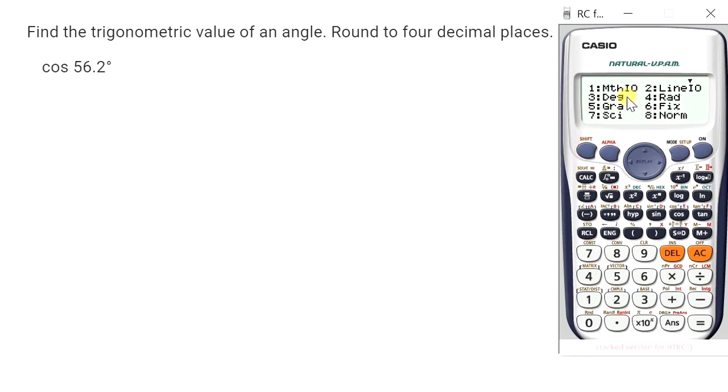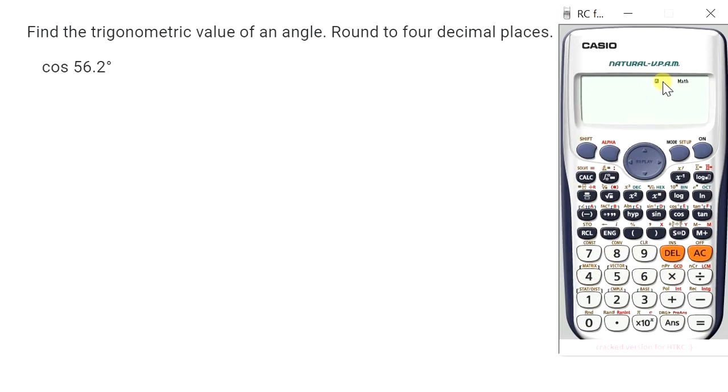And the deg here means degree. Pag press mo lang ang 3 dyan, mag-a-appear na ang capital letter D. Paano naman kapag radian mode? Press mo lang si shift, press mode, and then this rad means radian. So, press mo lang ang number 4, and then when you see a capital letter R, ibig sabihin, your calculator is in radian mode.